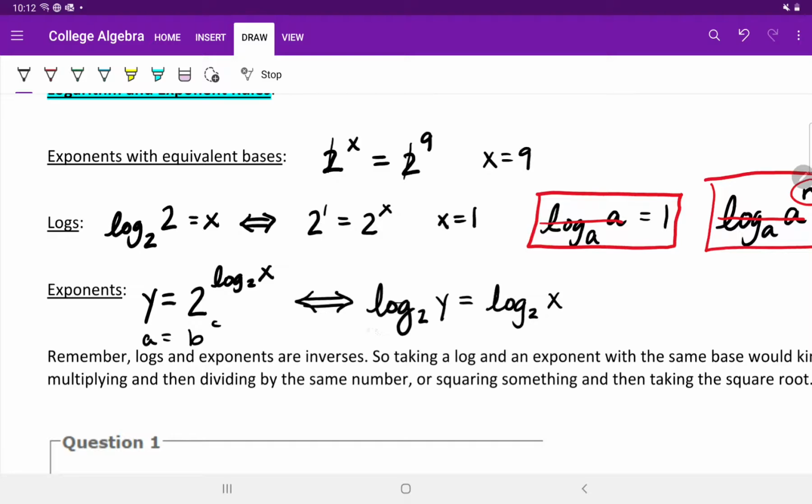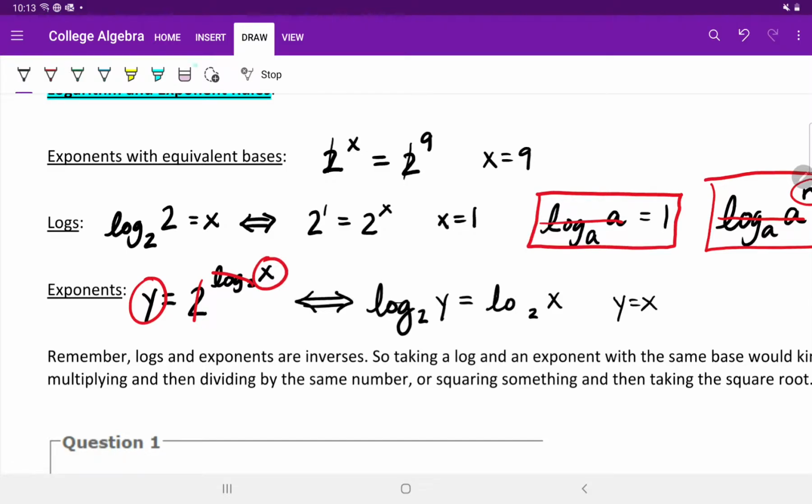Well, if you have log base 2 of y equals log base 2 of x, then necessarily x has to equal y. So what happens in this original problem, if we go back and look at where we started and where we ended up, the 2 to the log base 2 cancel each other out, and you end up with y equals x.